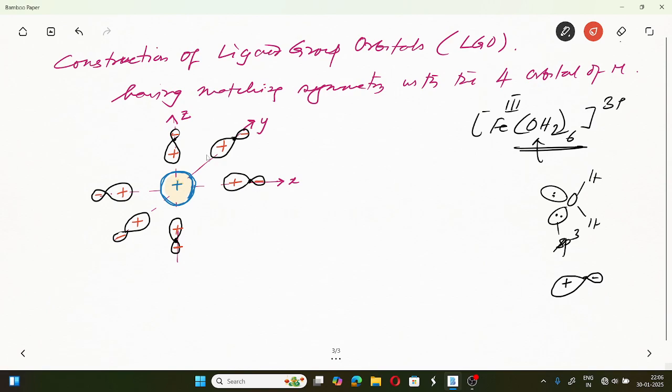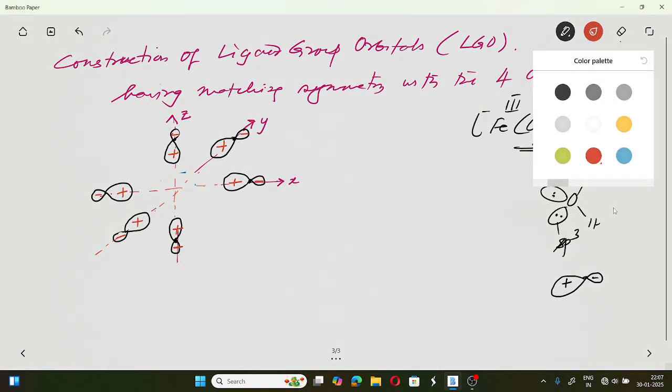See, these 6 orbitals combine together, and if you look closely, they will have matching symmetry with this s orbital. That means these 6 atomic orbitals are linearly combined to form a group orbital that has matching symmetry with the metal s orbital.